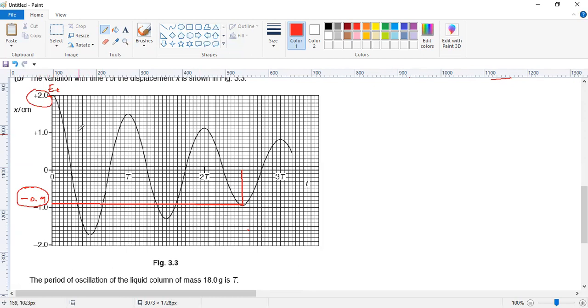So the total energy of the system is determined by the amplitude, because we have E is equal to half m omega squared x naught squared, where x naught is our amplitude. All right, let's look at our values. Initial, which is E1.